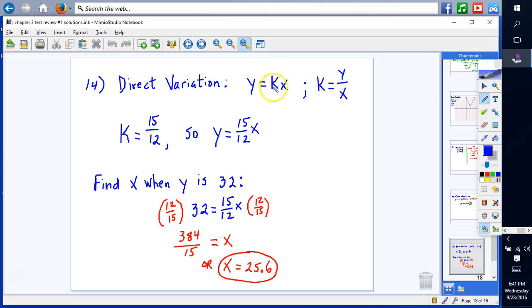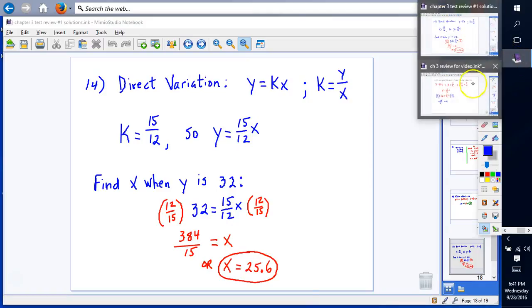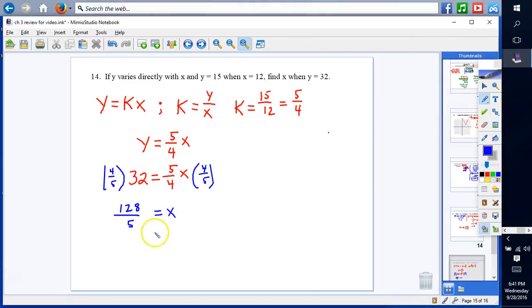If you can find k, then writing the equation is pretty simple. You just put the number there, and then you just substitute the given number and solve for x in this case. Okay, so the decimal form, I just use a calculator on this one, is 25.6. So make sure you can find k, write the equation, and then solve.